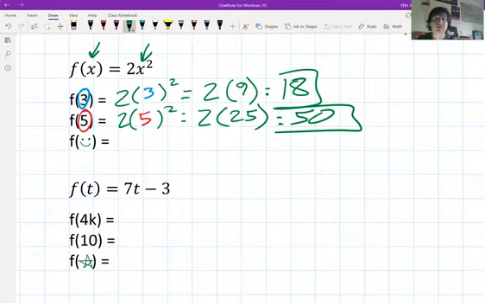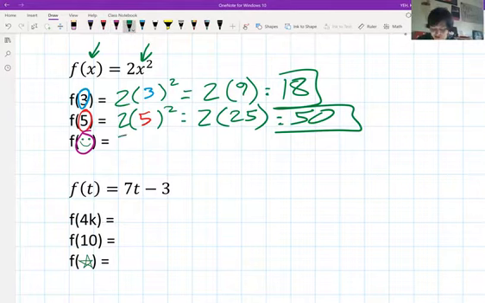Which brings us to the third and final example for this function. What is f of smiley face? And this sounds ridiculous, this sounds nonsensical, and in some ways it is. But I like including this example just to drive home the point, look, we know how to deal with functions. Whatever is inside those parentheses, that's what we're plugging in for x in our general function definition.